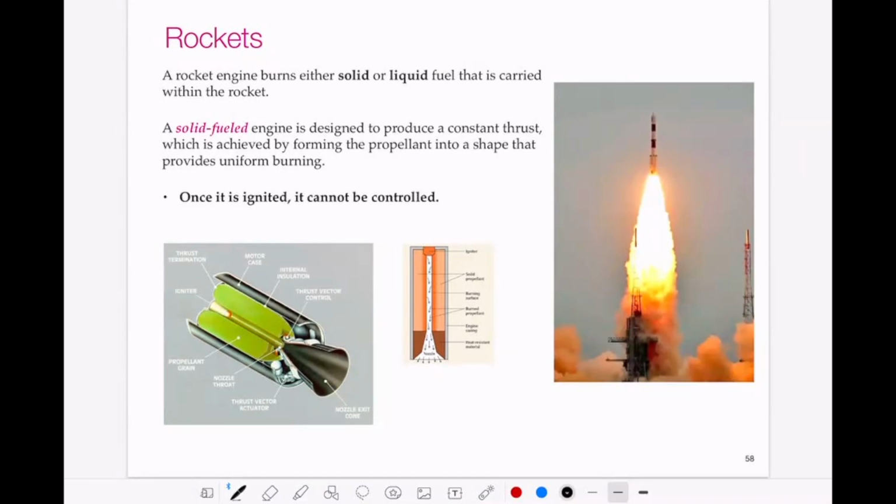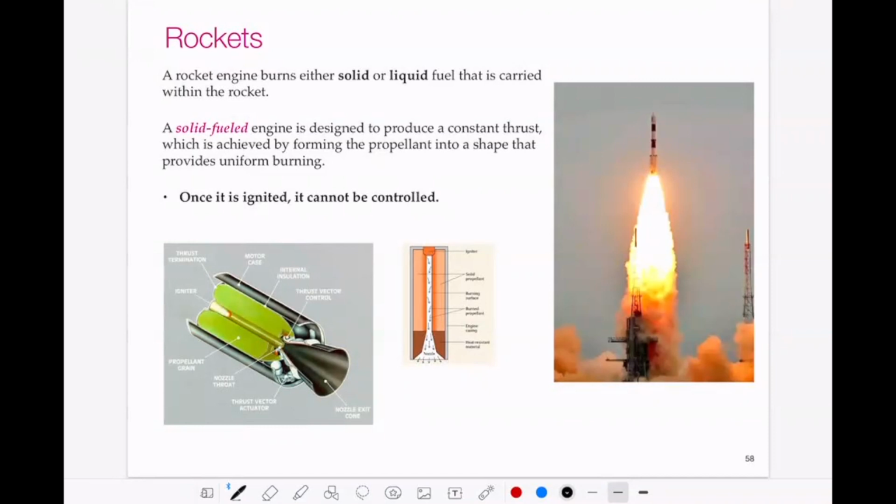They can either burn solid or liquid fuel that's carried within the rocket. So a solid fueled engine is designed to produce a constant thrust. And it can produce this constant thrust by forming the propellant into a shape that provides a uniform burning. So more or less the area that's exposed or is burning in this fuel inside the rocket is burning at a constant rate, which is generating a constant rate of thrust.